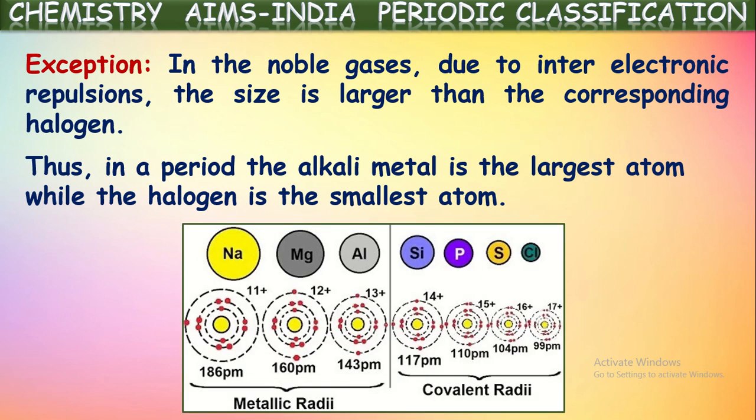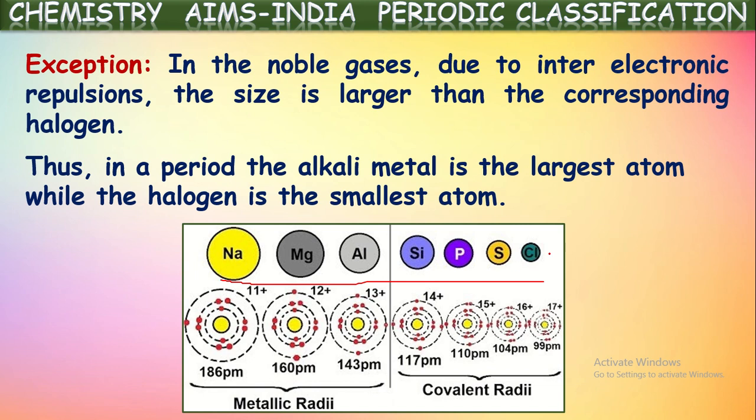Okay, what did we say here? In general, atomic size in a period from left to right decreases because the effective nuclear charge is increasing on the outer electron cloud. So size is gradually decreased.